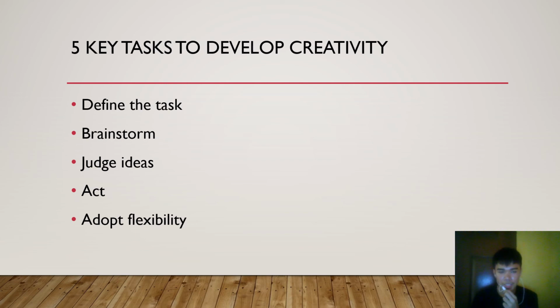When we say define the task, it is the way to let the students clarify their goal, because everything starts from a certain goal. You cannot do things without knowing what you're heading to, right? So first, define the task.